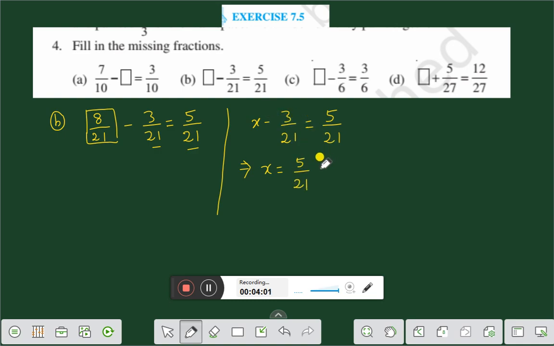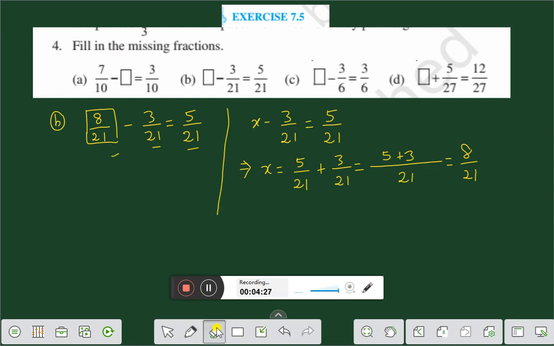This minus sign will change into plus 3 by 21. And if we add the numbers, 21 is the LCM, and 5 plus 3 is equal to 8 by 21. This is the answer, right? That is 8 by 21. This is the solution of question number B.